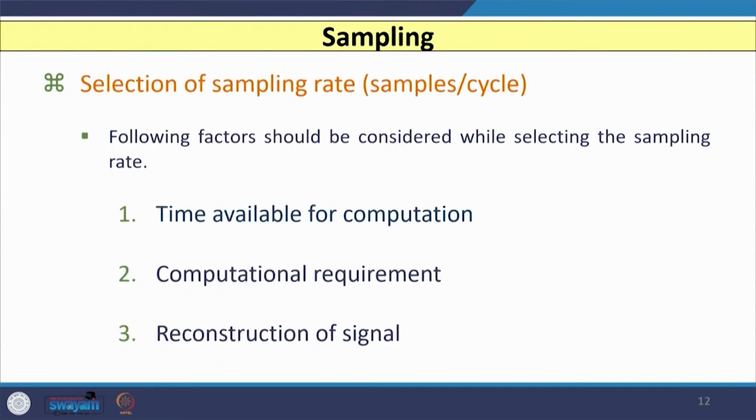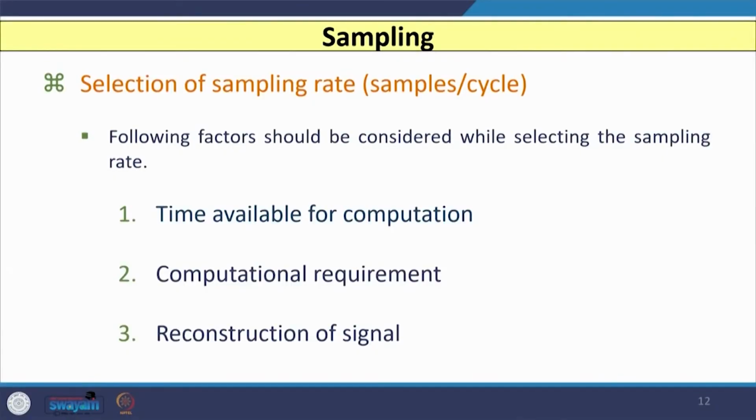Now, let us see, when we are going to select the sampling rate, that is, the number of samples in a cycle we need to consider, we need to consider three important factors. Let us say we are acquiring one current signal.